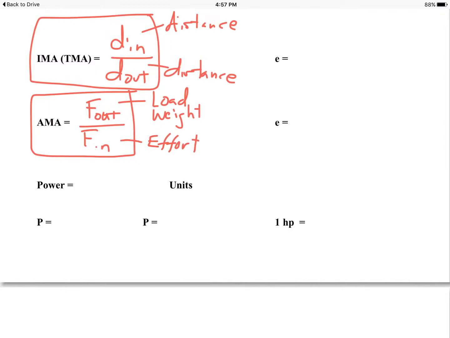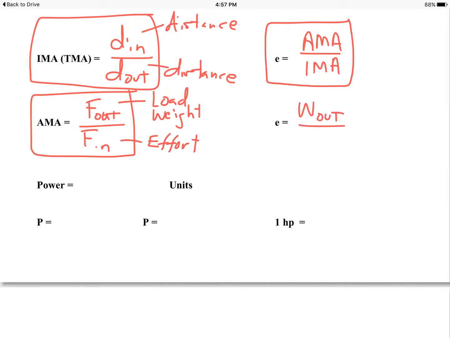Efficiency can be calculated two ways. You can either do it by dividing your AMA, your actual mechanical advantage, by your IMA or TMA. Or you can calculate your efficiency by taking the work output divided by the work input. W here stands for work.